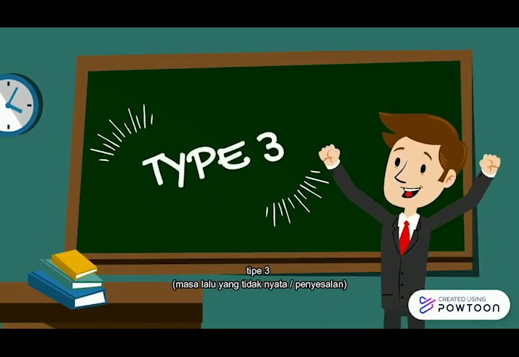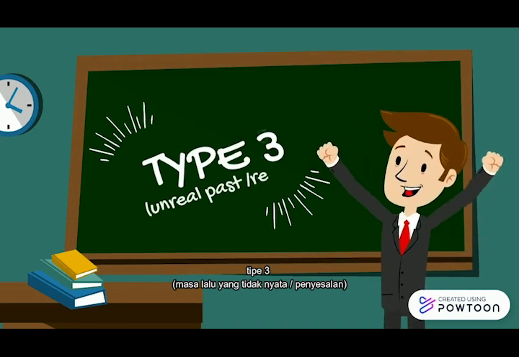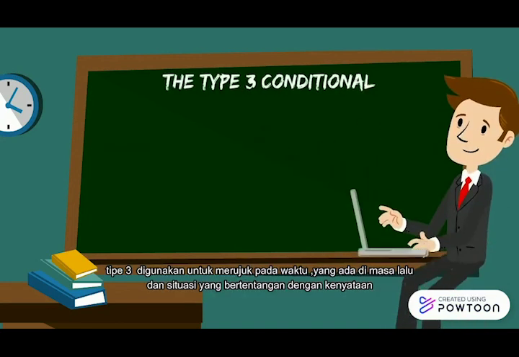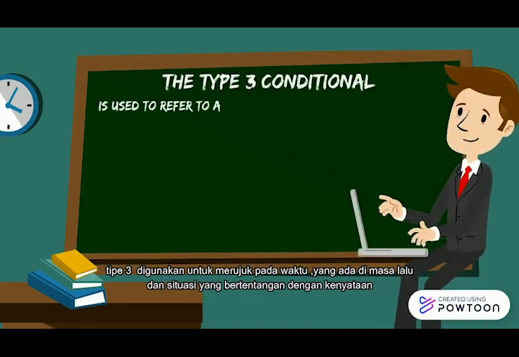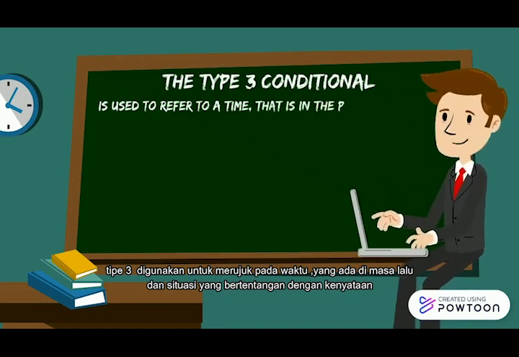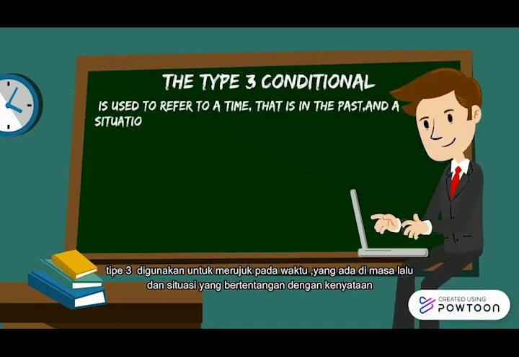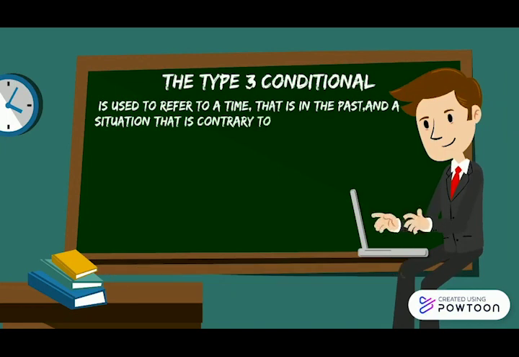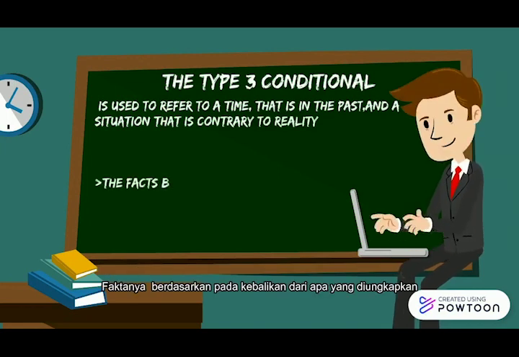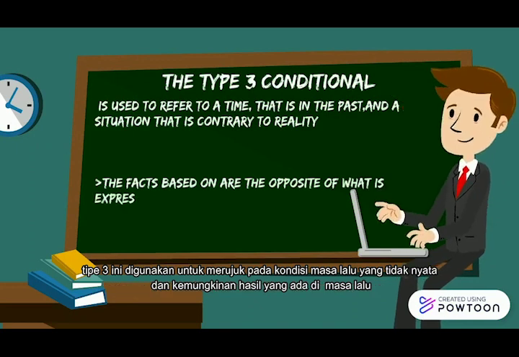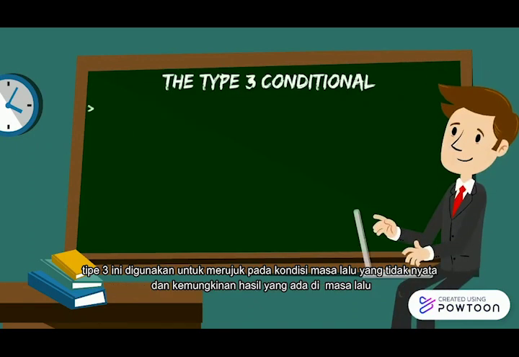Type 3. Unreal past or regret. The type 3 conditional is used to refer to a time that is in the past and a situation that is contrary to reality. The facts they are based on are the opposite of what is expressed. The type 3 conditional is used to refer to an unreal past condition and its probable past result.